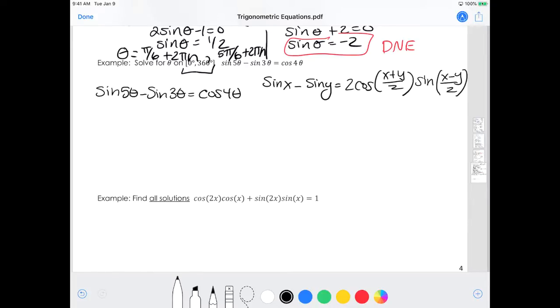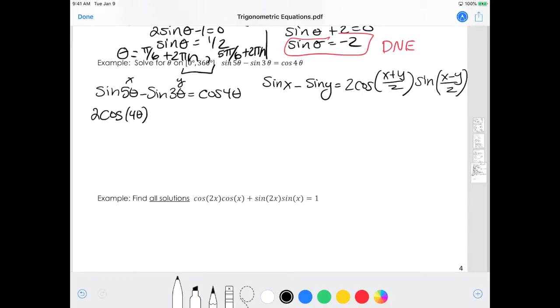Now think of this as my x and this is my y, and I'm going to do some substitutions here. Using our formula, I'm going to have 2 cosine of x plus y, which would be 5 theta plus 3 theta, which is 8 theta, divided by 2, that's going to give me 4 theta.